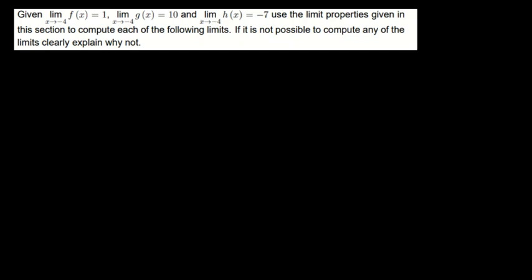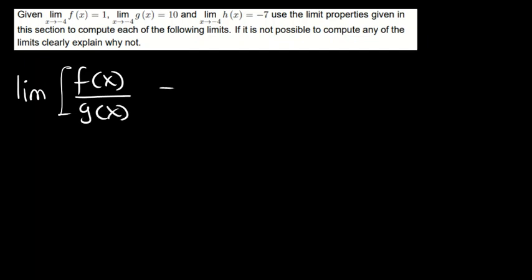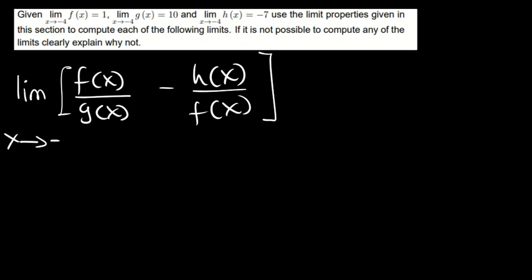For the first question, you are going to find the limit of f of x over g of x minus h of x over f of x, as x approaches minus 4. So you're going to compute this limit. How do you go about this?